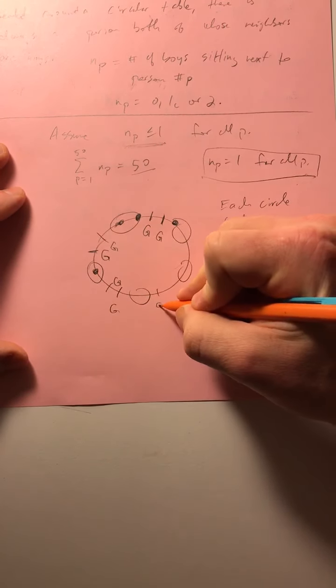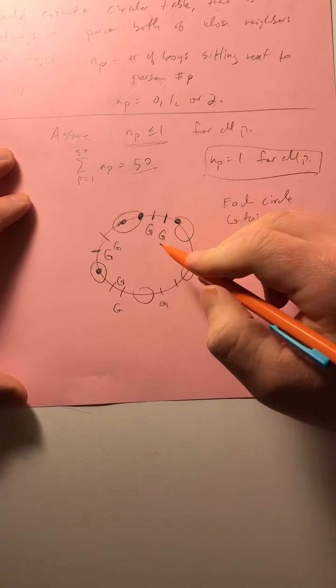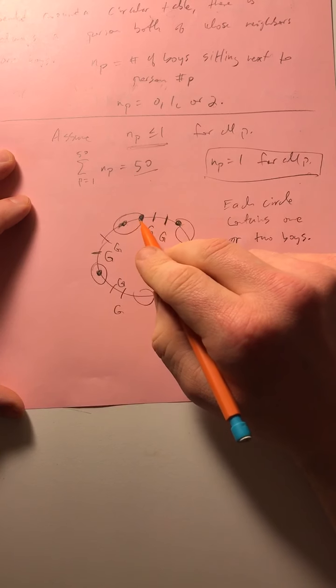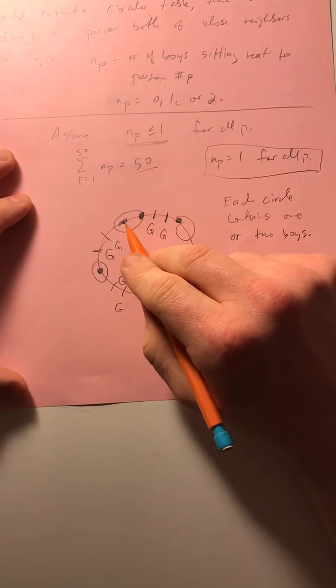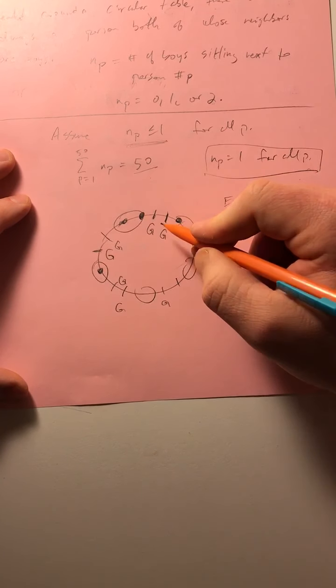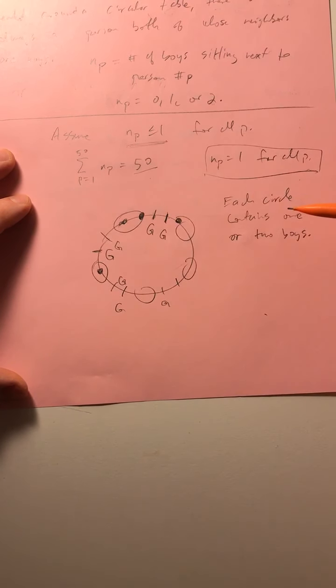Okay. So roughly, we just argued that each circle contains either one boy or two boys, but it doesn't matter whether it contains one boy or two boys, because the buffer in between the next group of boys has to be exactly two girls. Okay.